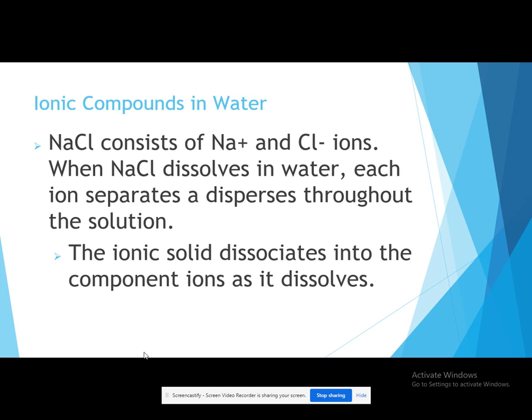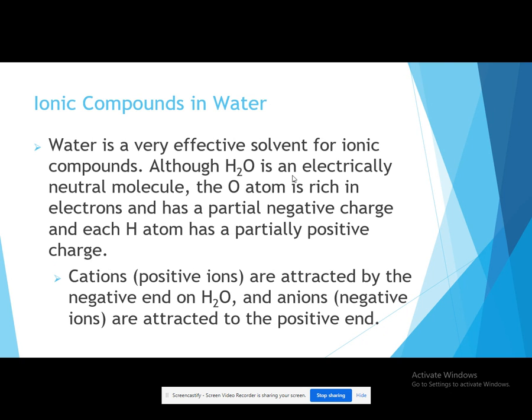So NaCl consists of Na+ and Cl- ions. When NaCl dissolves in water, each of them separates. The ionic solid dissociates into, like we've already talked about, Na+ and Cl-. Water, we know, is a solvent, and what happens is that water surrounds them.